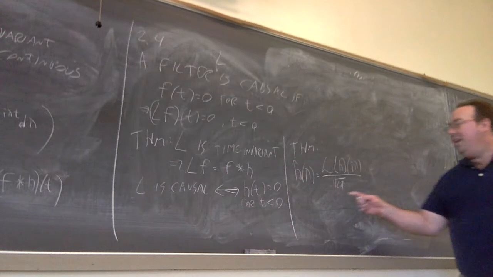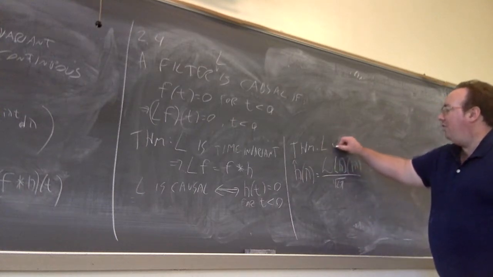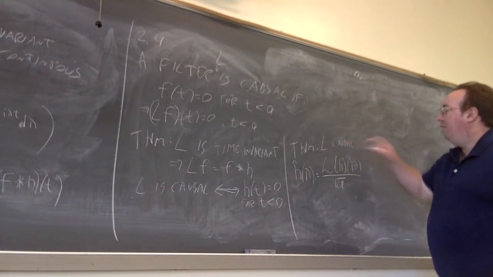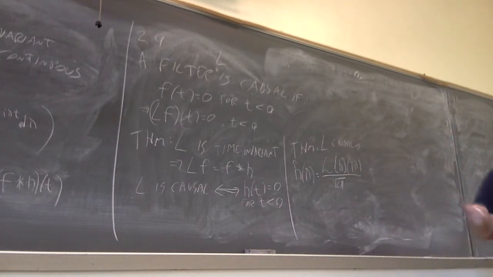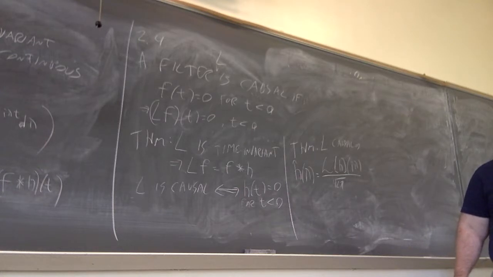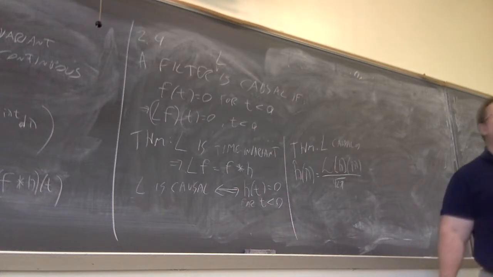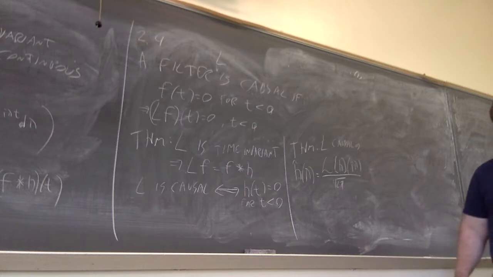And the reason why this only works if L is causal is because the Fourier transform is defined as an integral on the entire real number line, minus infinity to infinity. The Laplace transform only covers the positive part of the real line, 0 to infinity.